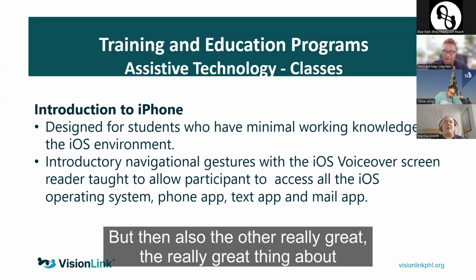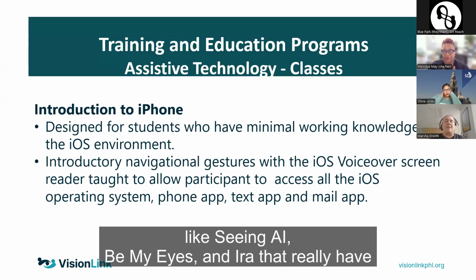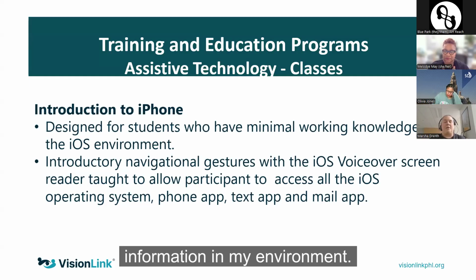But then also, the really great thing about the iPhone and the iPad is that there are apps available, like Seeing AI, Be My Eyes, and Ira, that really have changed the abilities of those who are blind and visually impaired to access information in my environment.